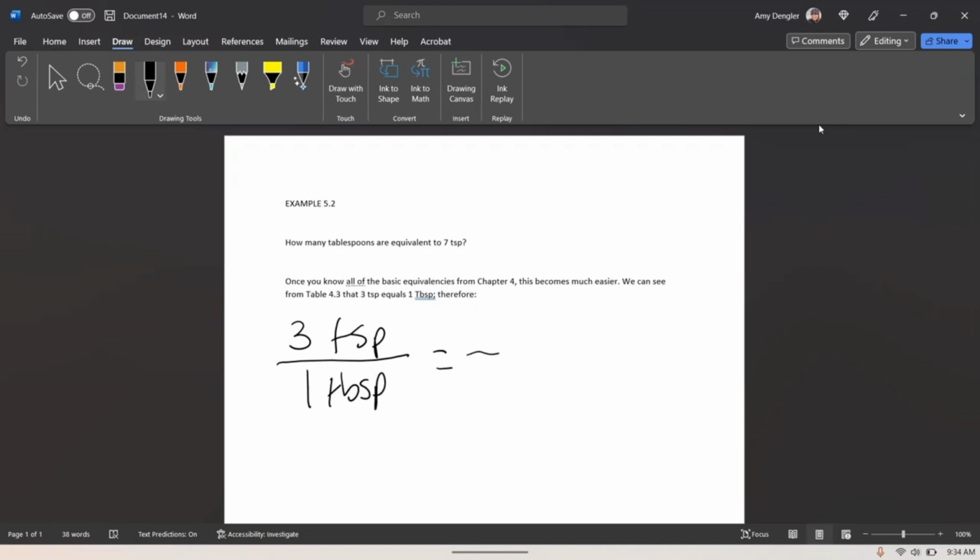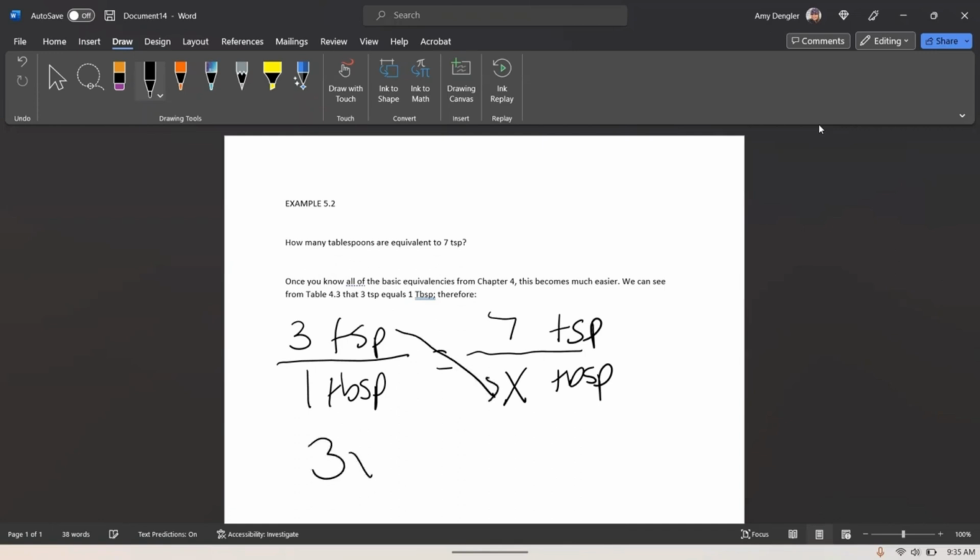And we could write this however we wanted. If we wanted to put tablespoon on top and teaspoon on the bottom, that wouldn't matter. We just have to make sure our units are the exact same directly across. And we want to know how many tablespoons. So x tablespoons are equivalent to 7 teaspoons.